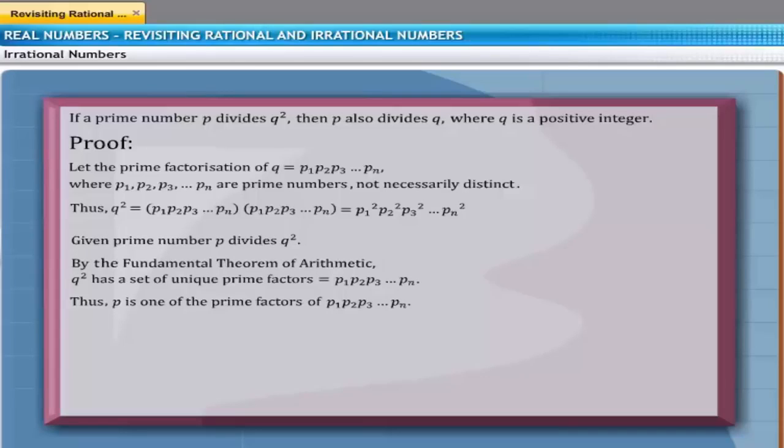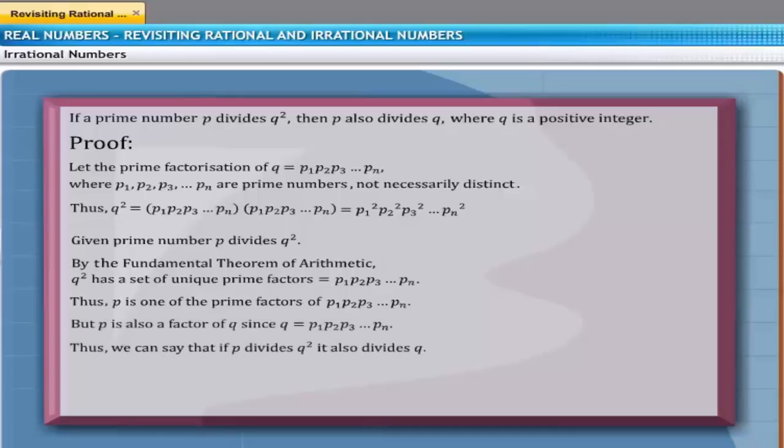By the fundamental theorem of arithmetic, Q square has a set of unique prime factors P1, P2, P3 to Pn. Thus, P is one of the prime factors of P1, P2, P3 to Pn. But P is also a factor of Q. Thus, we can say that if a prime number P divides Q square, then P also divides Q, where Q is a positive integer.